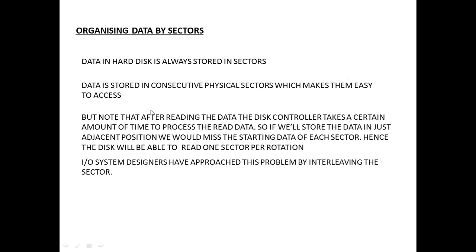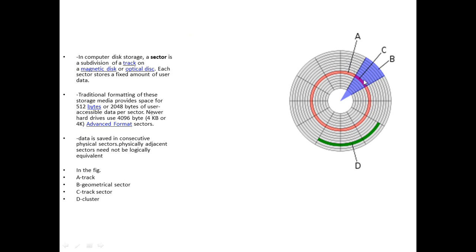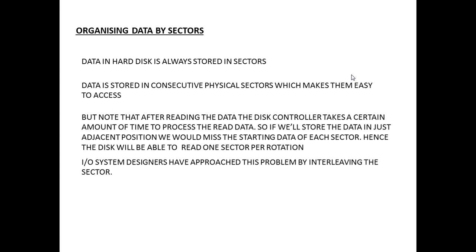What we saw is that when we move from one sector to another, the data is lost. So to avoid this, we'll avoid putting data in consecutive sectors and take an approach of interleaving.